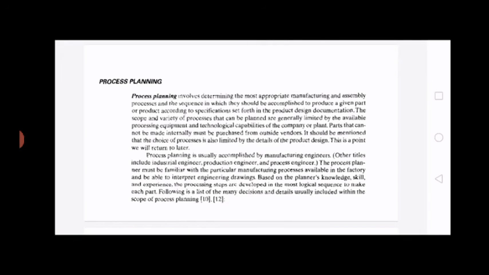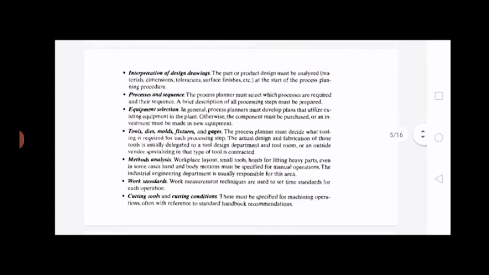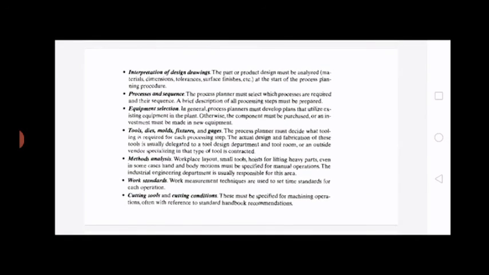Now let us see the decisions and details usually included within the scope of process planning. Here are a few of the points which we need to consider while planning a process. First, interpretation of design drawings.